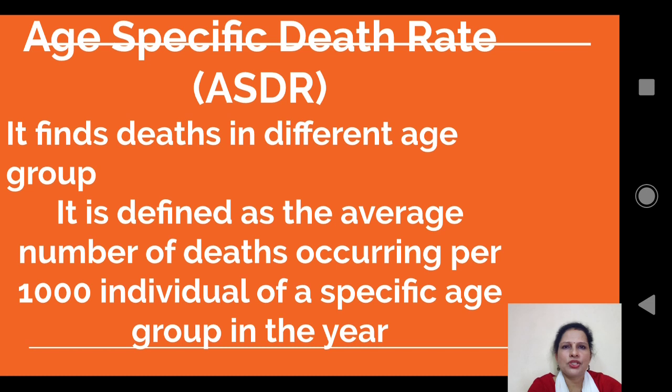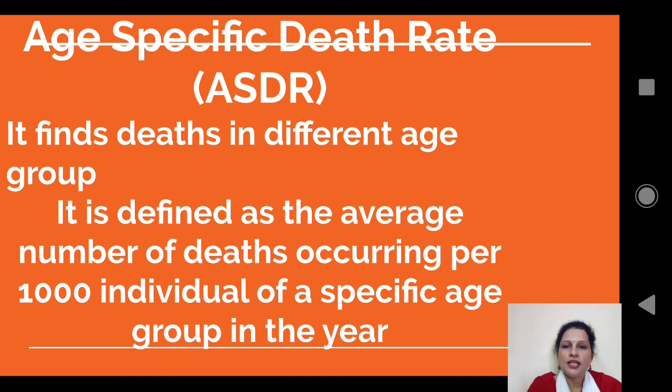Now the next measure is age-specific death rate. Age-specific death rate finds death in different age groups. It is defined as the average number of deaths occurring per 1000 individuals of a specific age group in the year. Suppose we get ASDR for the age group 50 to 59 is equal to 21.